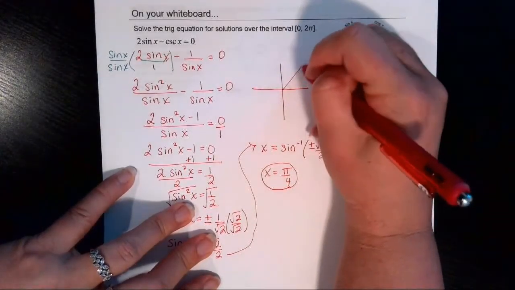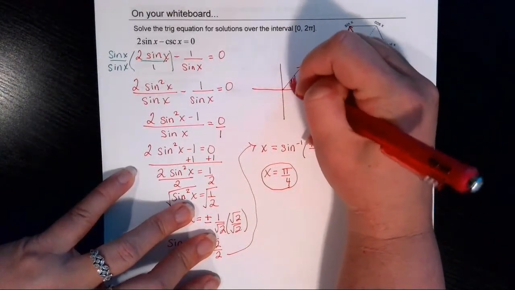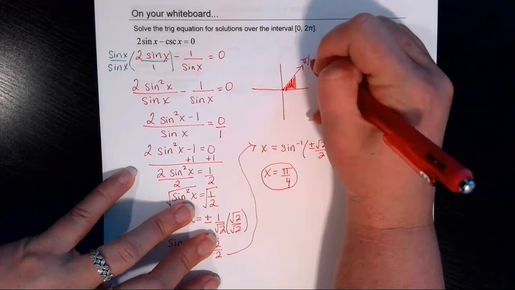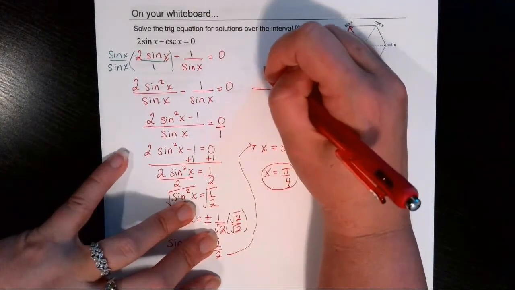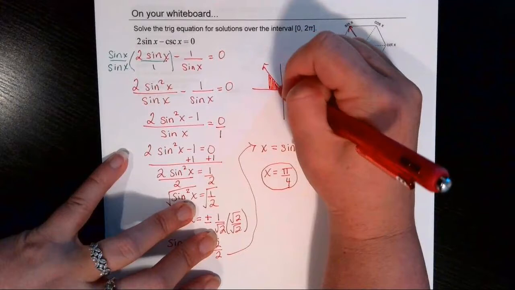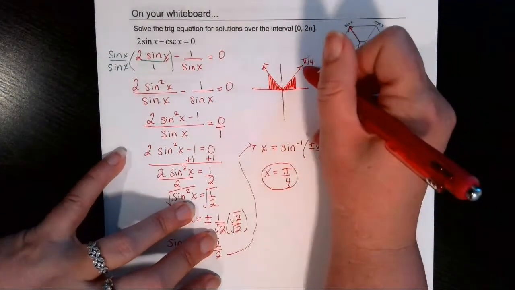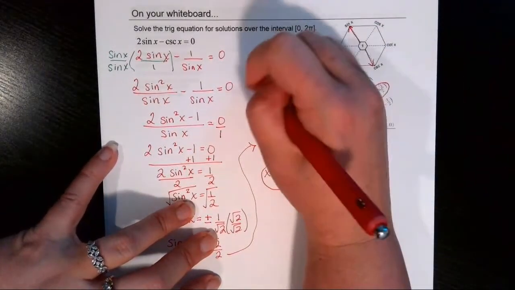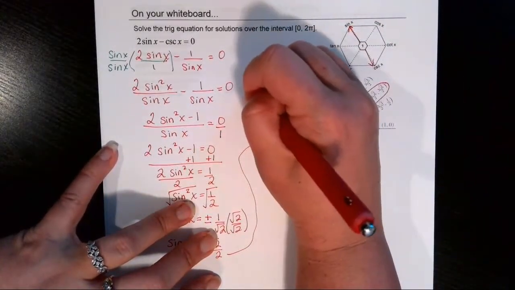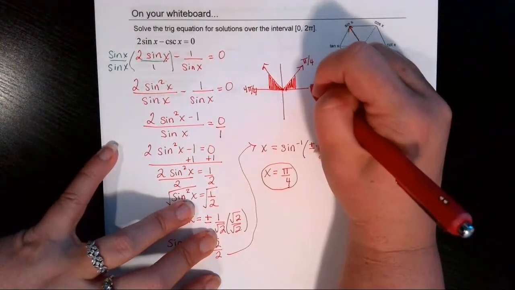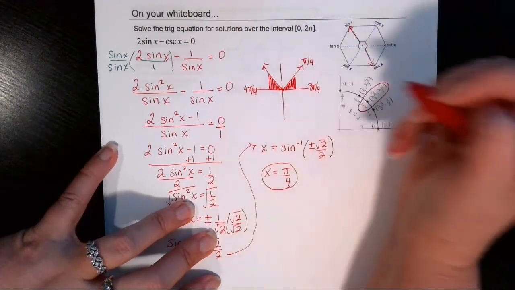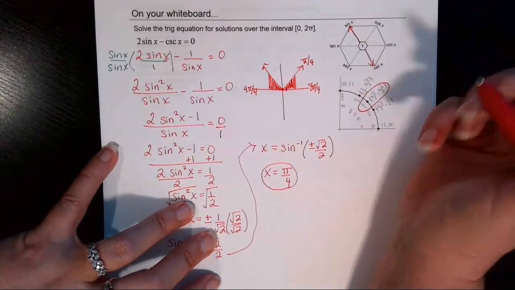We already found the quadrant 1 angle, which was pi over 4. So to get that angle reflected into quadrant 2, using that quadrant 1 reference angle, this half of the circle is 4 pi over 4, and the whole way around the circle would be 8 pi over 4, because there's 2 pi radians in the circle.